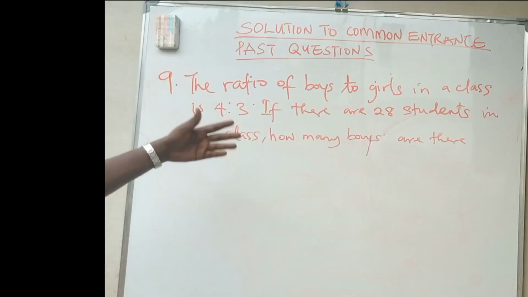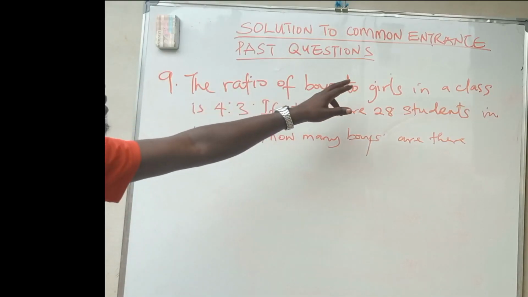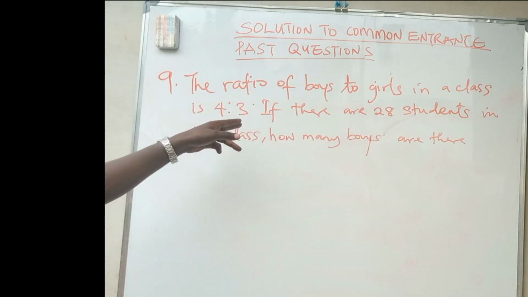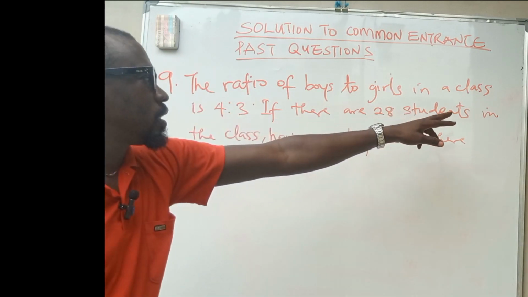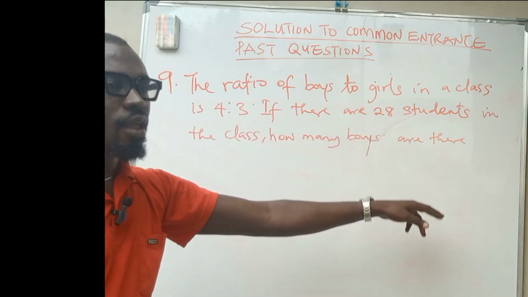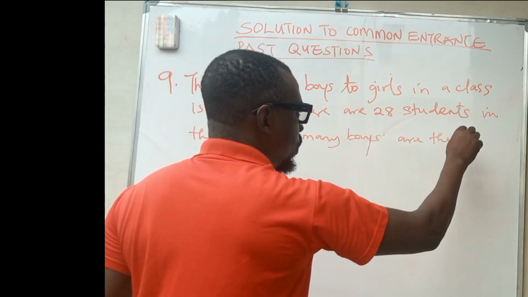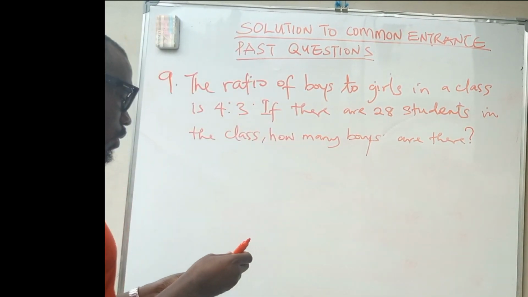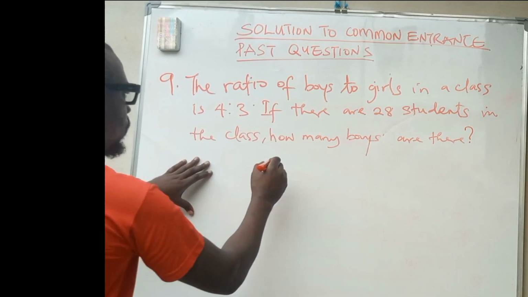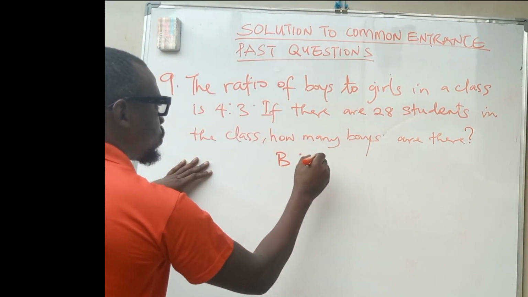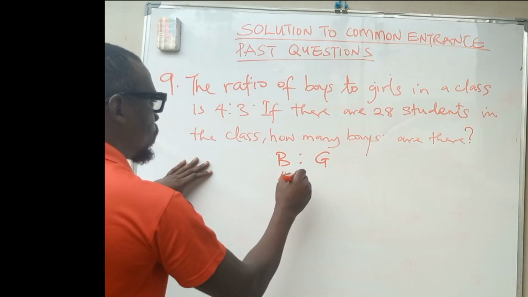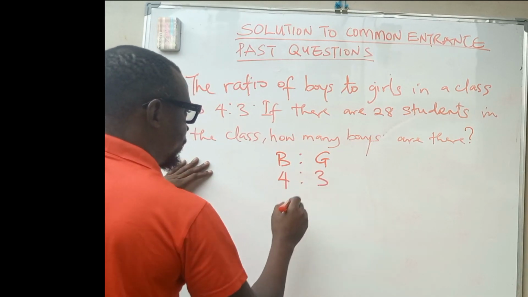Our number 9 question says, the ratio of boys to girls in a class is 4:3. If there are 28 students in the class, how many boys are there? So, this is boys to girls, and the ratio of boys is 4, while the girls is 3.